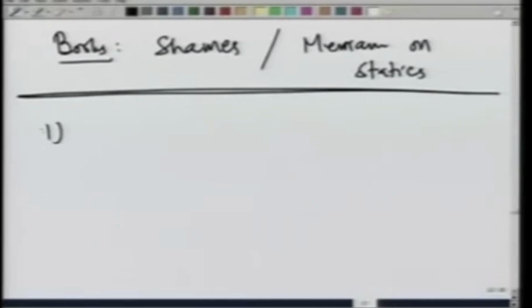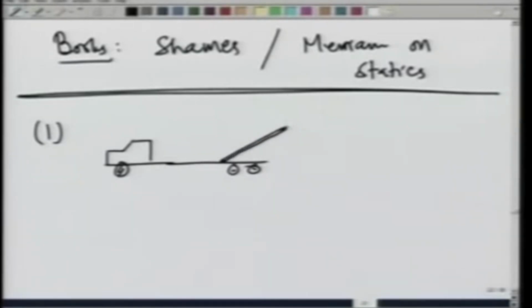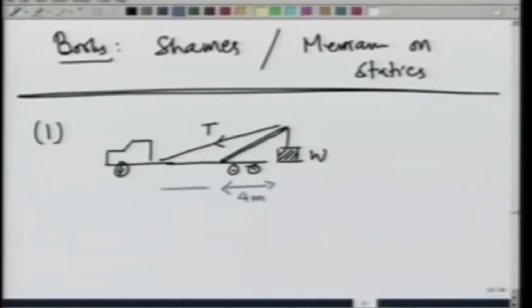As the first example, let me take a crane on which there is a shaft here, and by a string, by applying tension T, one is holding a weight W. The distances given are 4 meters, 4 meters and 3 meters.